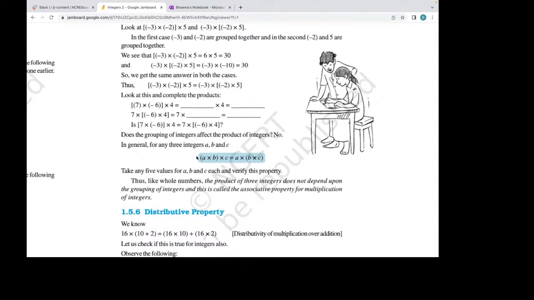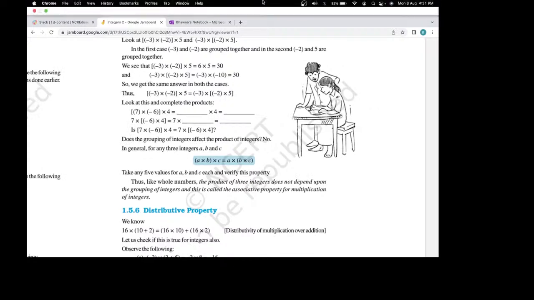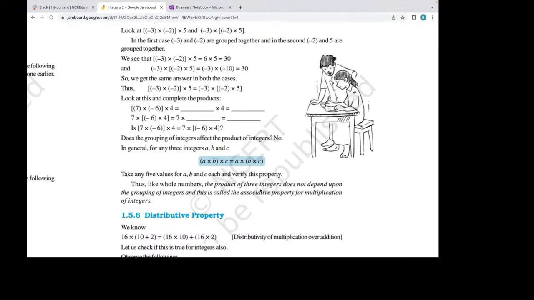Whether you group these two together or these two together, you are going to get the same answer in both cases. I hope this is clear to everyone that integers follow the associative property of multiplication.